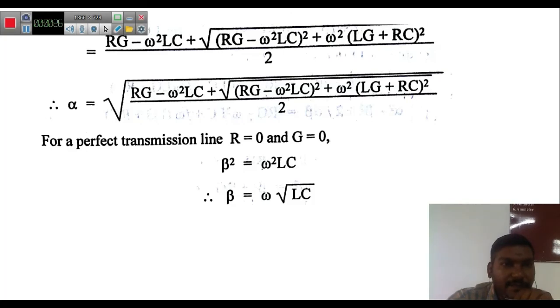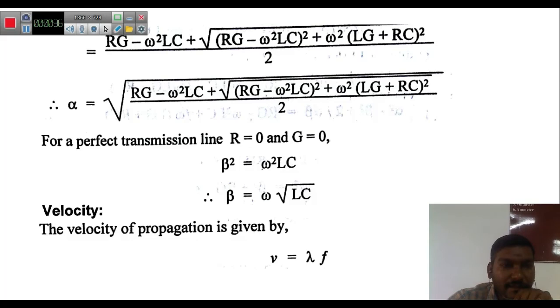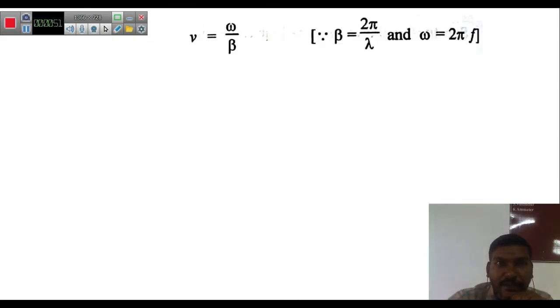And for a perfect transmission line, the value of R is equal to 0 and G is equal to 0. We can substitute the condition here, and beta square is equal to omega square Lc, and beta is equal to omega root Lc. And the velocity of propagation is given by v is equal to lambda into f, multiplied by 2 pi, and we can replace the value v is equal to omega by beta, where beta is equal to 2 pi by lambda, omega is equal to 2 pi f.